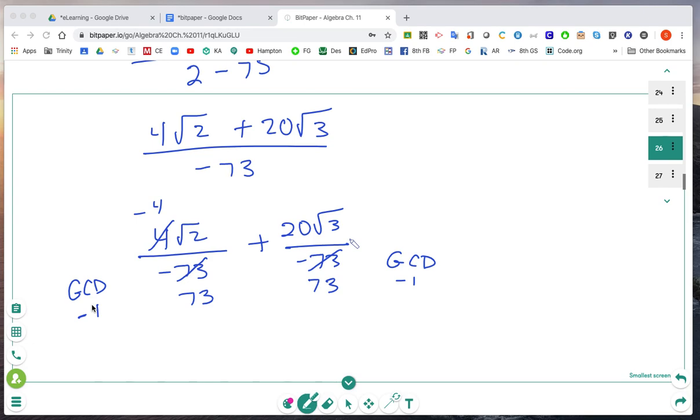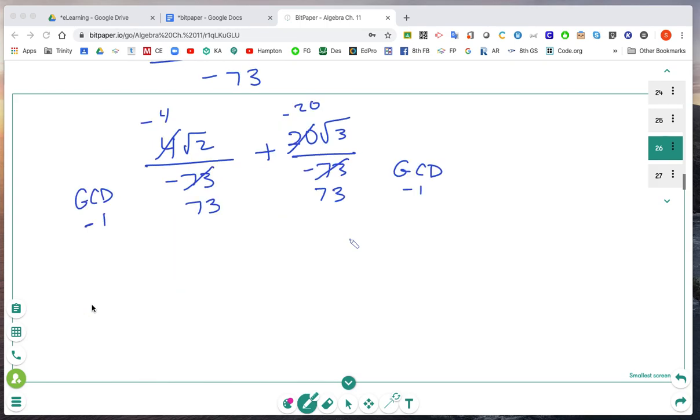And negative 1 out of 20 would give me negative 20. Now I put them back together. And what's important here is that the two denominators have to be identical to put them back together. So 73 is identical. Negative 4 square roots of 2 minus 20 square roots of 3 is going to give me my answer.